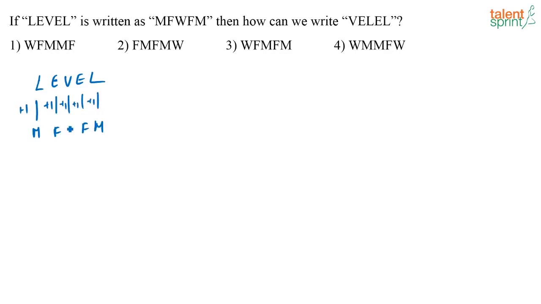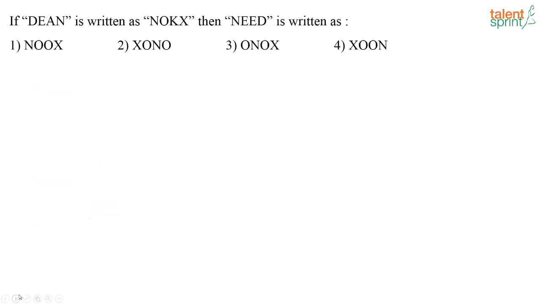So you get MFWFM. Similarly, when you look at VELEL, what will you get? WFMFM, again plus 1 throughout. So which is the answer that we are looking at? Option 3.